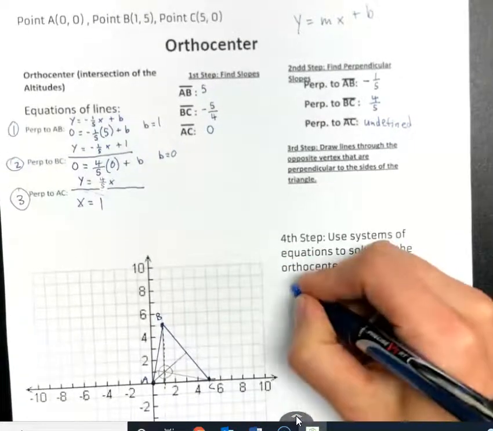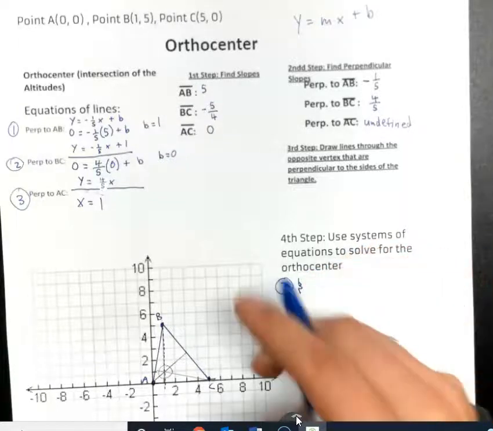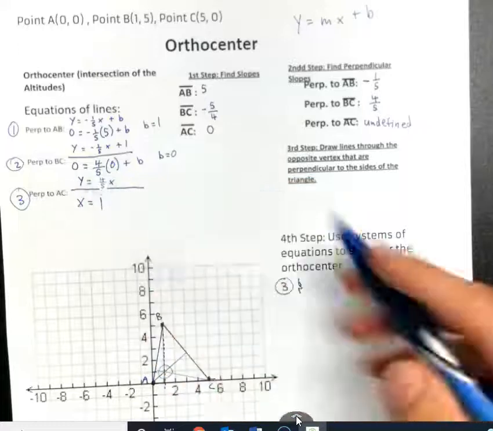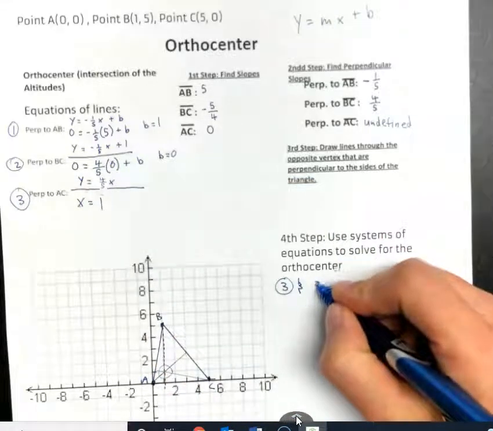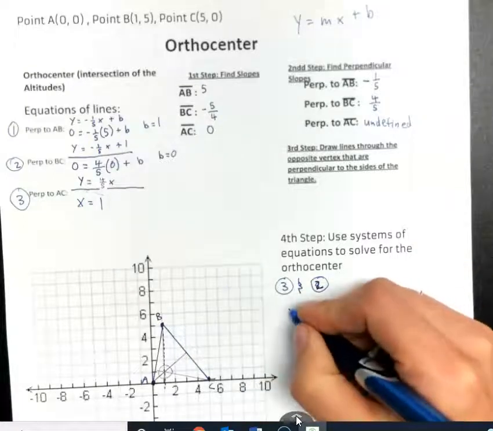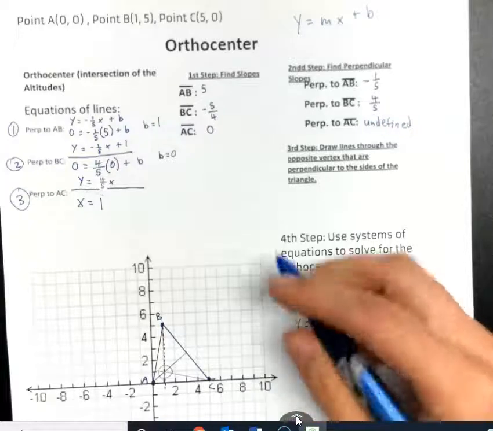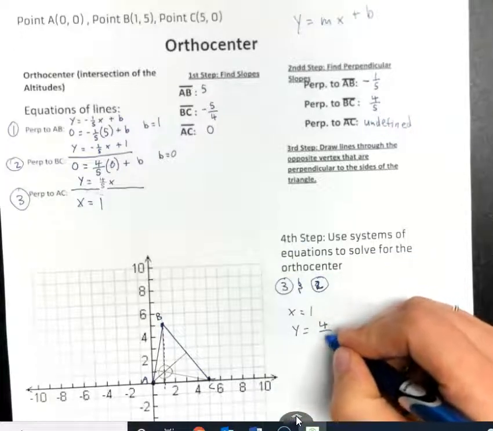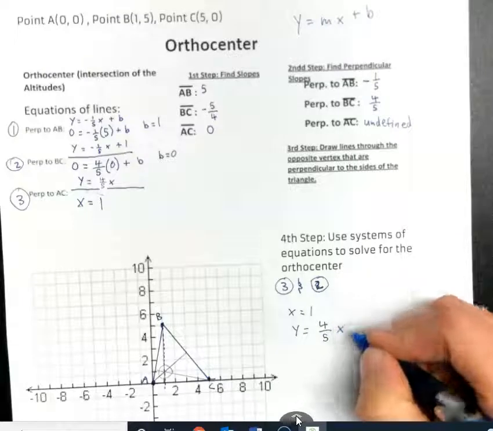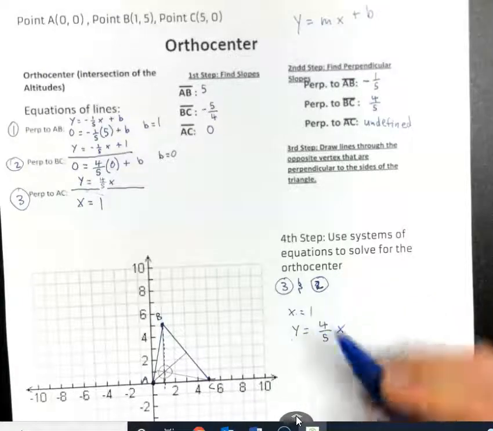So I'll use equation number 3, and I'll choose equation number 2. Oops, 3 and 2. So equation number 3 was x equals 1, and equation number 2 was y equals 4/5 x. Now all I got to do is plug in my x to solve for that y.